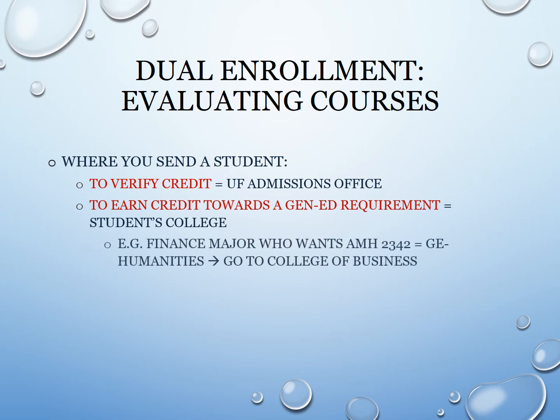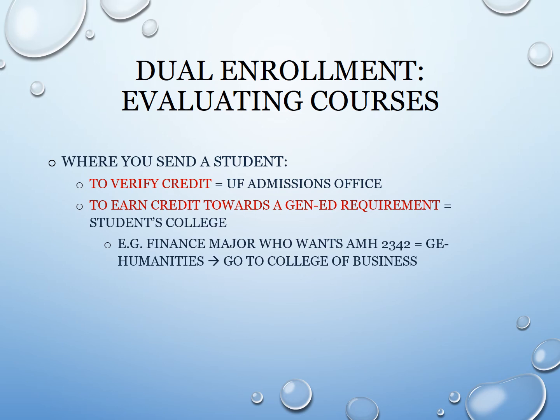So let's say you have a finance major who took AMH 2342, or they have AMH L0000 from, let's go back to Duke University, but they really want that class to count as a gen ed humanities. They're going to go to the College of Business.